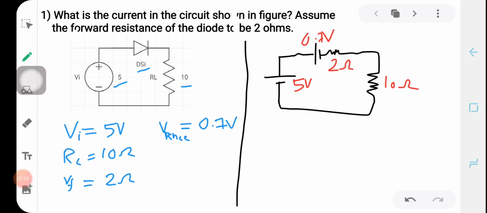When we are applying Kirchhoff's voltage law, let's start from position A, B, C, D and back to A. When going from A to B, we have the voltage source.